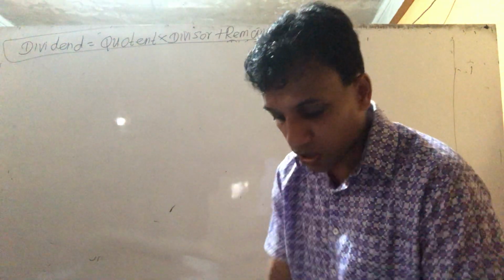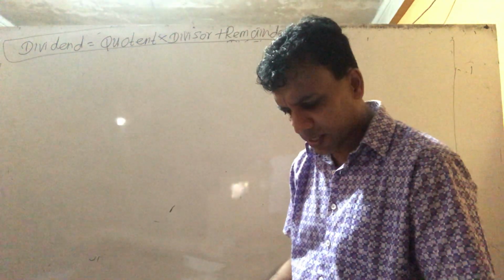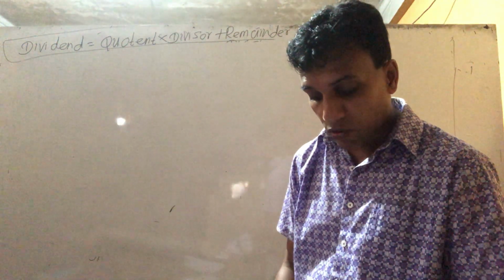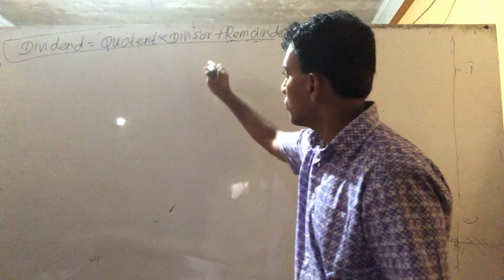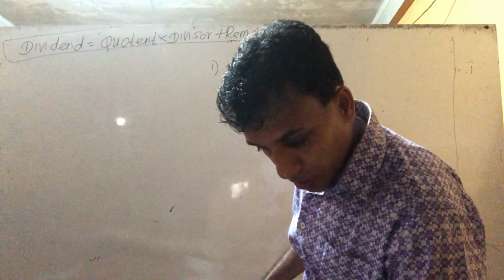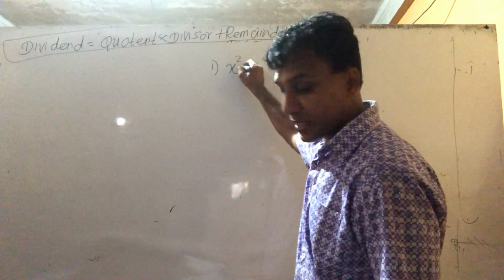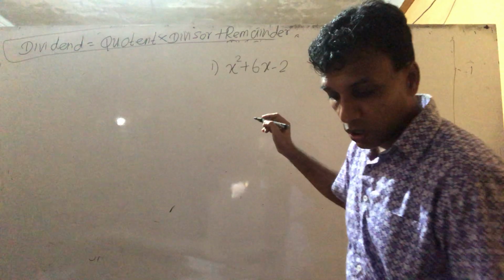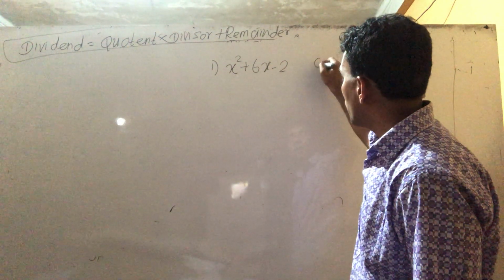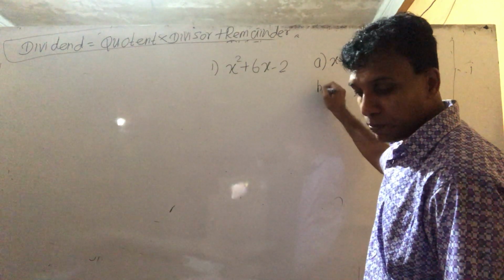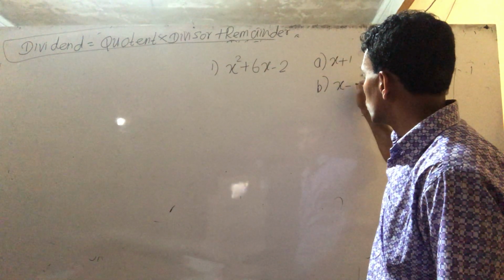So I take one question, consider my tute problem. Find the quotient and the remainder when x square plus 6x minus 2 is divided by, a part, x plus 1 and, b part, x minus 2.